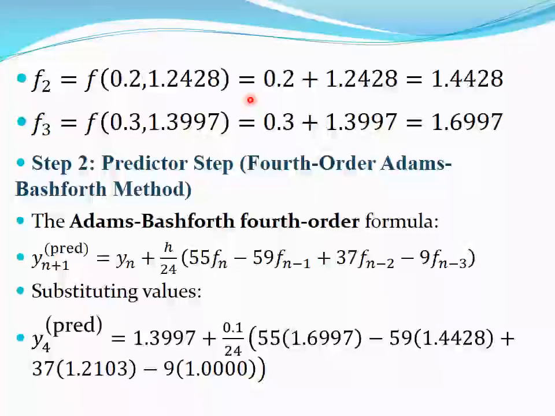Same process for f3: the value of x3 and the value of y3, according to the function x plus y. We add both values and we get the answer 1.6997.